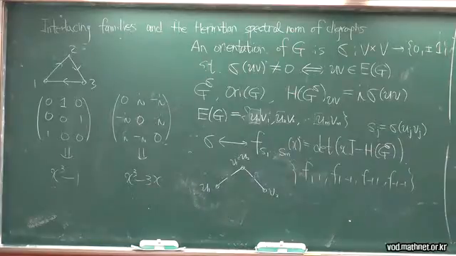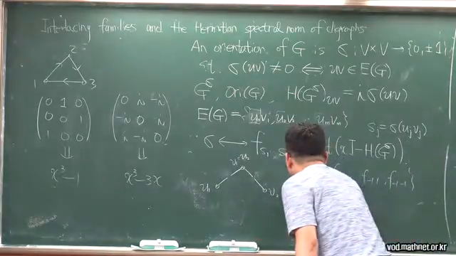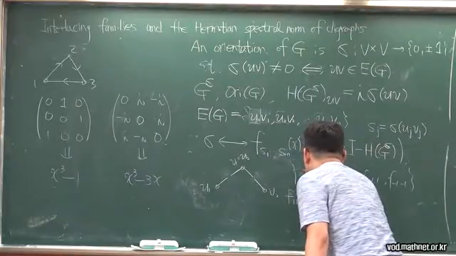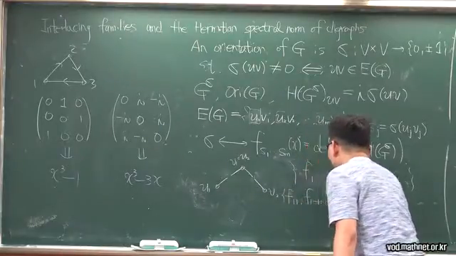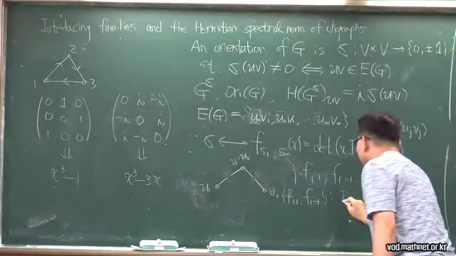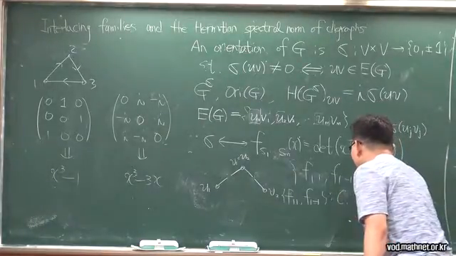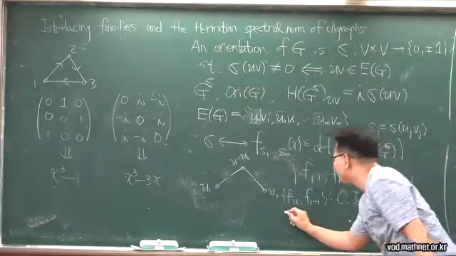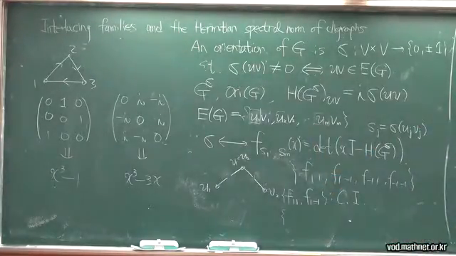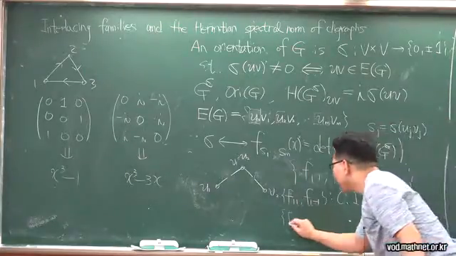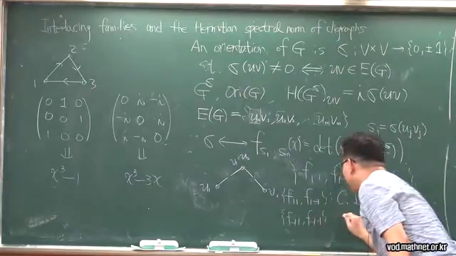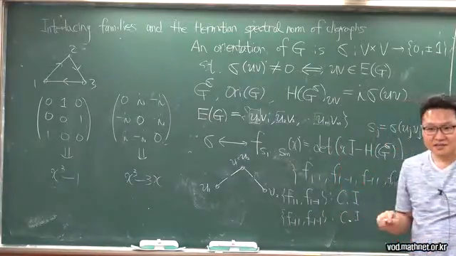You want to show that f11 and f1 minus 1 have a common interlacing. And because you should check all k's and all assignments, also f minus 1, 1 and f minus 1, minus 1 have a common interlacing.